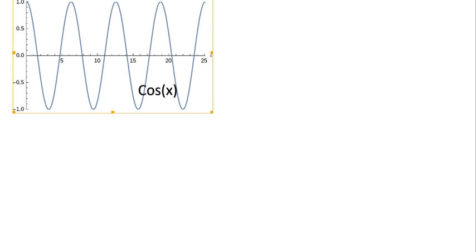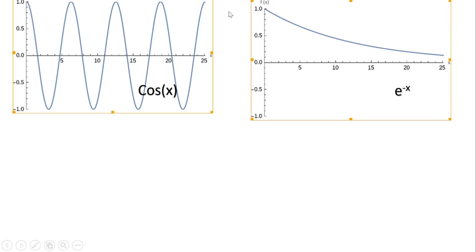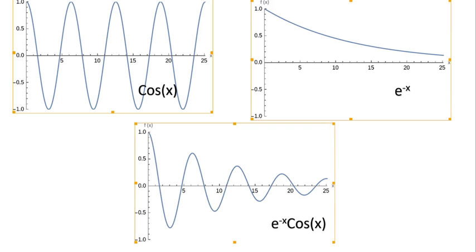Now I leave it to you another particular product that is very important, especially when you study something called the damped harmonic oscillator. So this is a cos function and this is an exponent function. We'll have to find out the product of these two, and when you do that, you will see that the product looks somewhat like this.